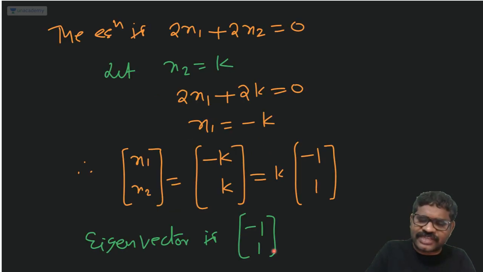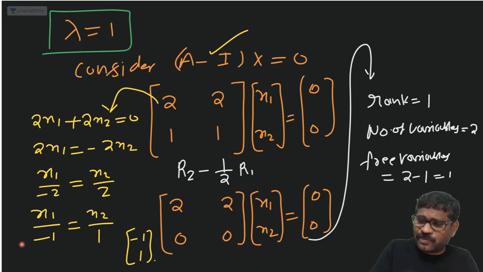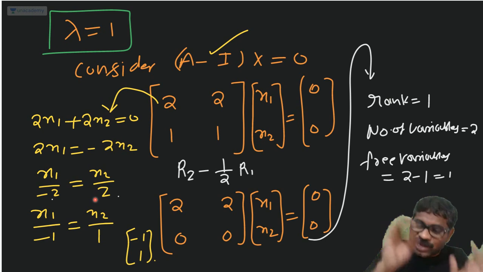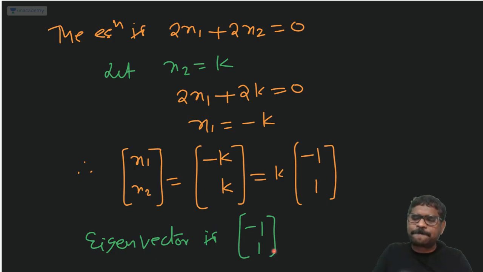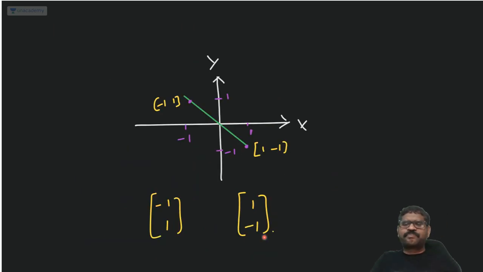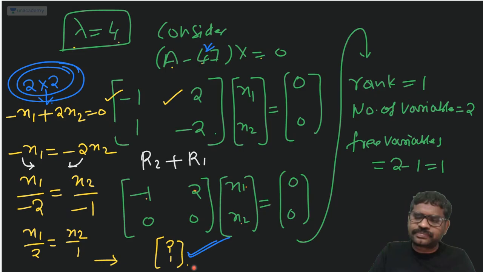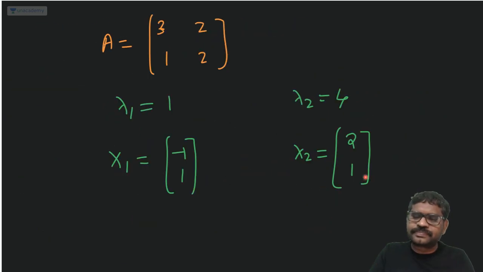Instead of cancelling with minus 1, if you cancel minus 2, then what happened? 1 minus 1 will come. Whether 1 minus 1 or minus 1, 1, both represent the same eigenvector. Understood?